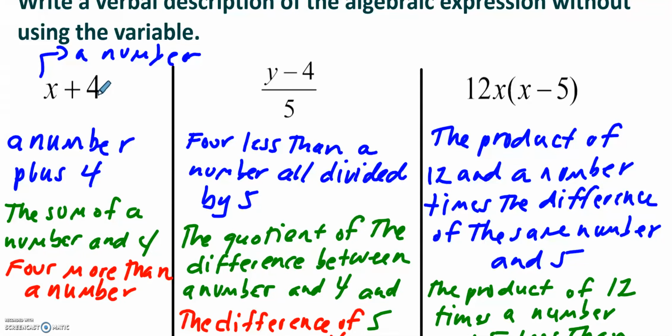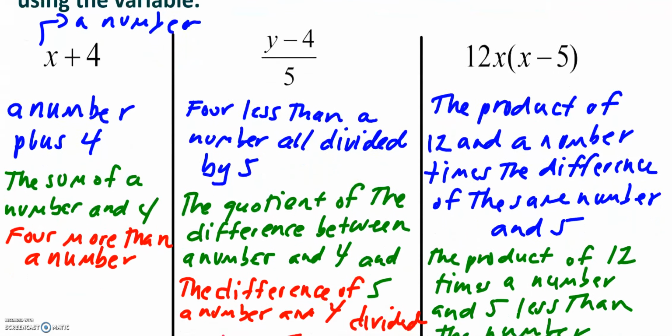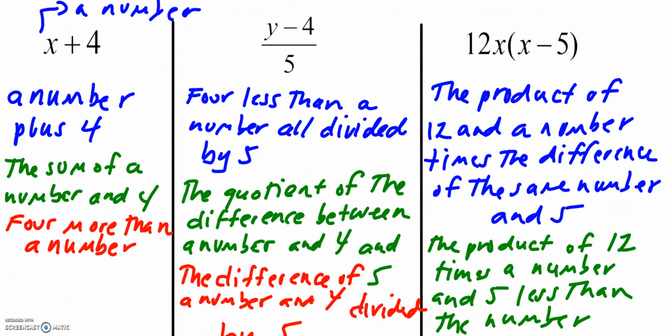For the next option, I said possibly 4 less than a number, all divided by 5, could work. The good thing about these problems is you have some freedom because there's a lot of different answers. Another option is the quotient or the division of the difference between a number and 4 and the number 5.